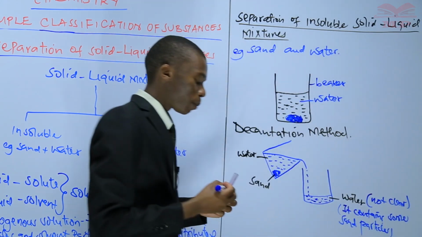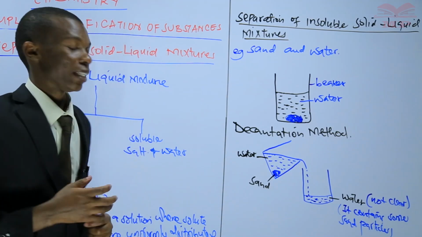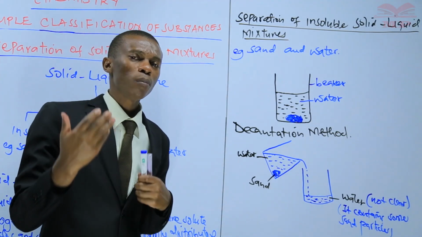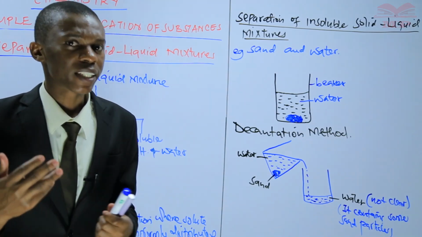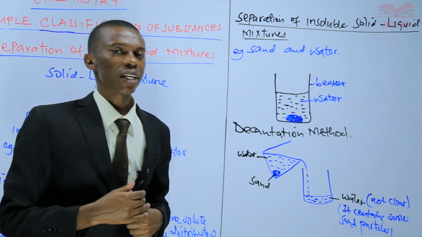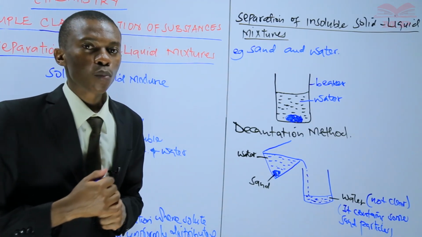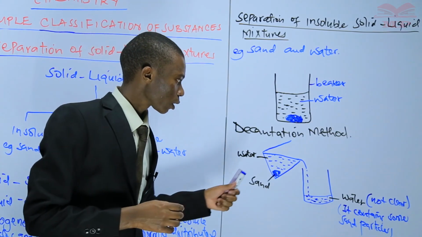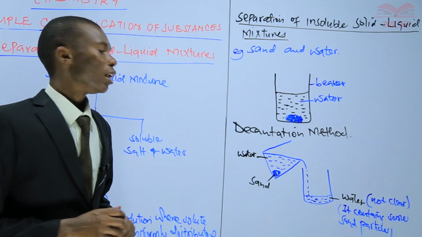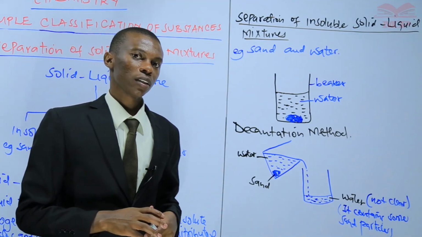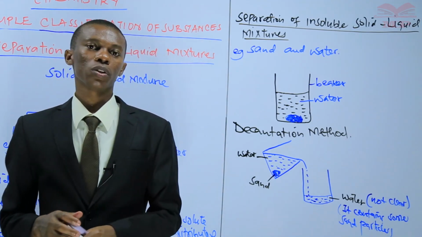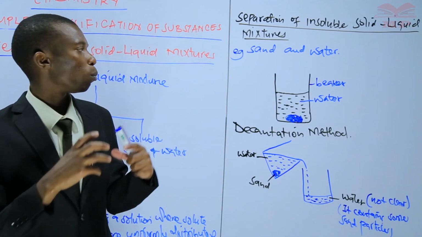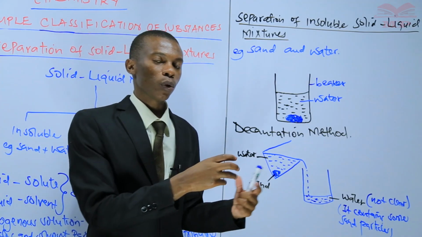Therefore, the decantation method is not a very effective method of separating insoluble solid liquid mixtures, because the liquid you get after is not usually very clear because it has some small particles which will pass through together with the water.